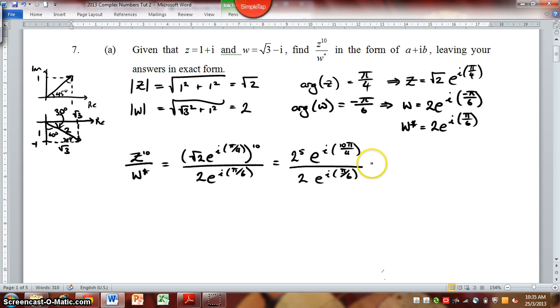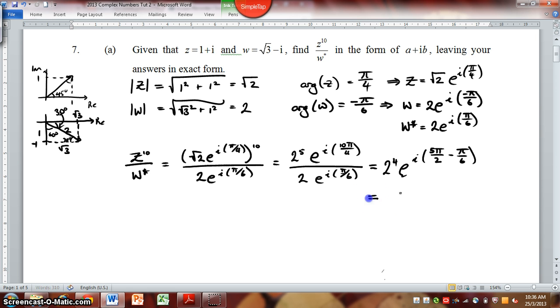So that's just going to be 2 to the power of 4, e to the i, 10 pi over 4 is 5 pi over 2, minus pi upon 6. And 5 pi over 2 is the same as 15 pi upon 6.